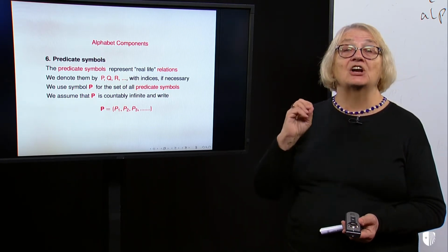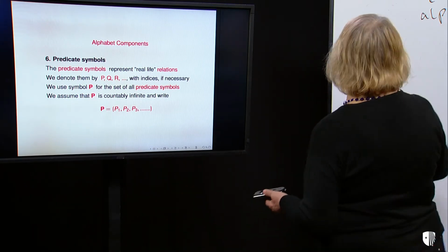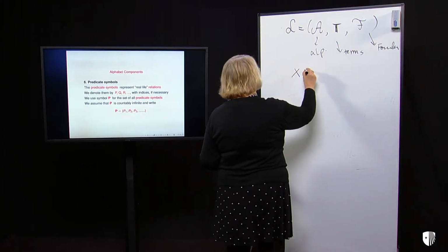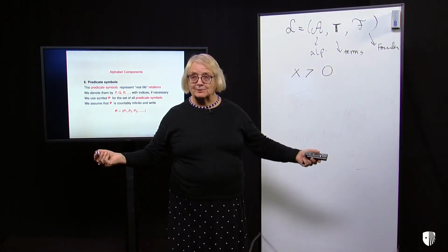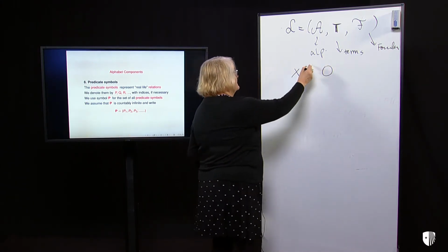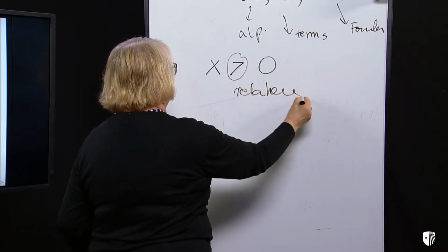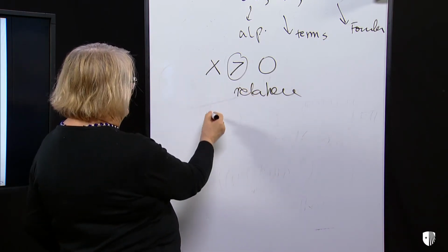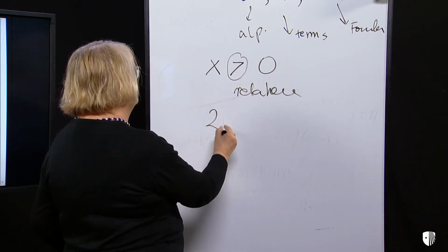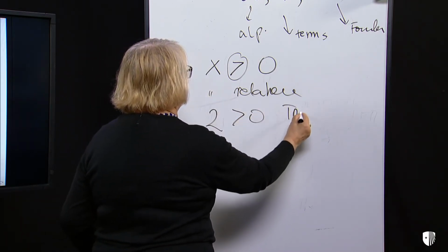And we have a predicate symbol. Predicate means relation. So, for example, we have x greater than 0. This is a simple mathematical statement. This is a relation between a variable and 0. For some x's, if I say x equals 2, that would be true.